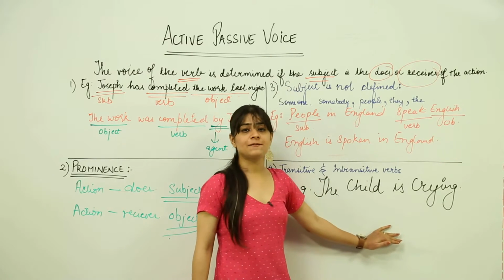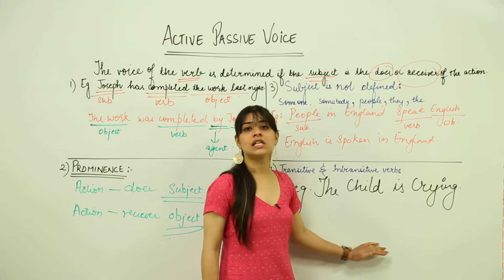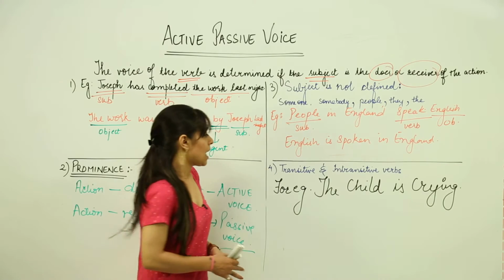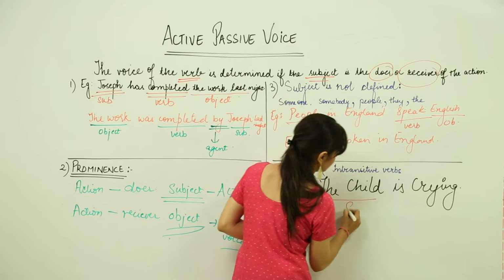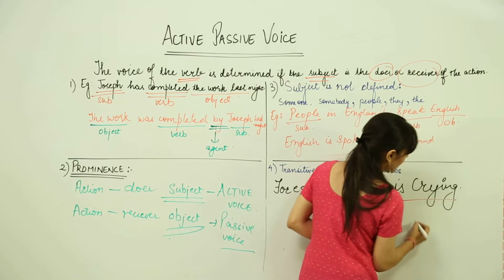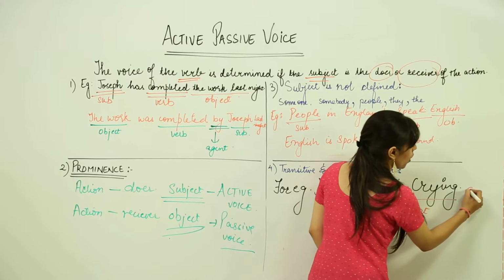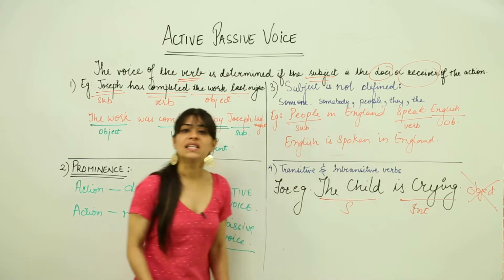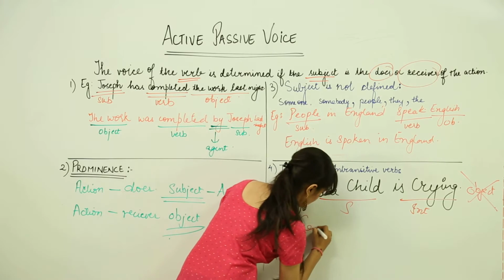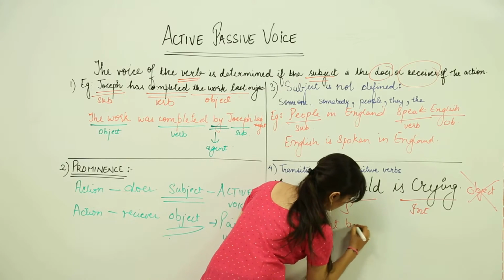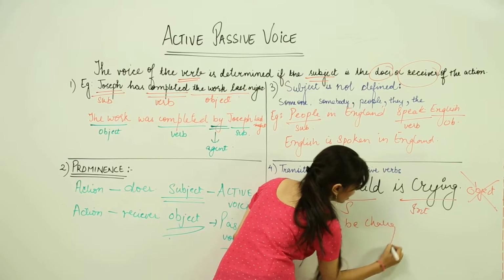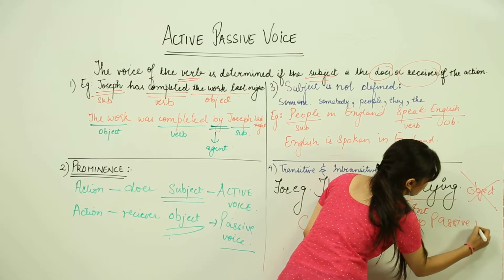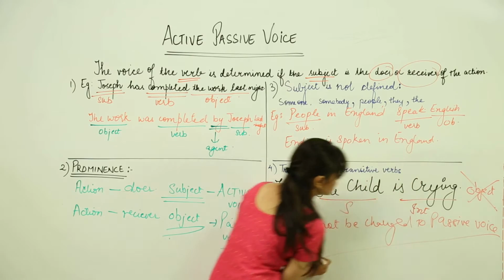This is an active sentence, but it cannot be converted into a passive voice. The reason being it has no object. The child is the subject. Is crying is an intransitive verb. We do not have an object, so this cannot be changed to passive voice.